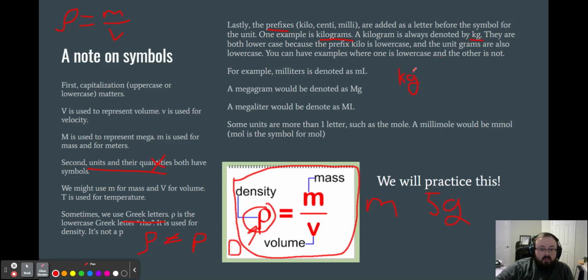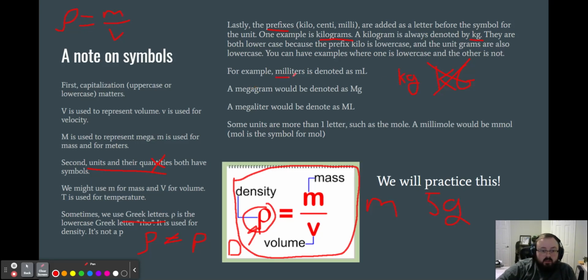So kg, like this, is kilograms. Something like this does not exist. There's no Kevin Garnett. This does not work as units because they are uppercase. It makes a difference. Sometimes you will get examples where you have uppercase and lowercase letters.